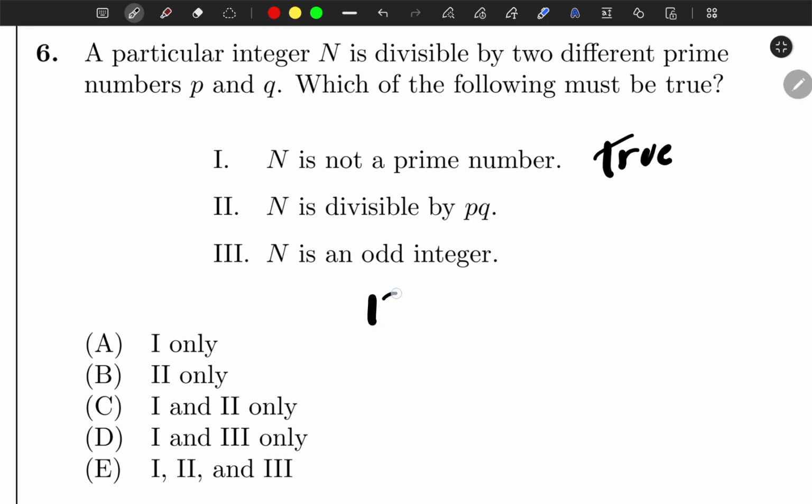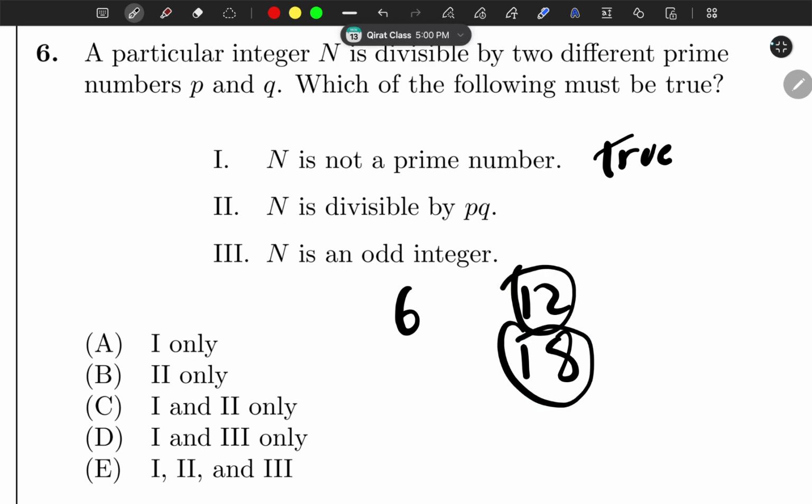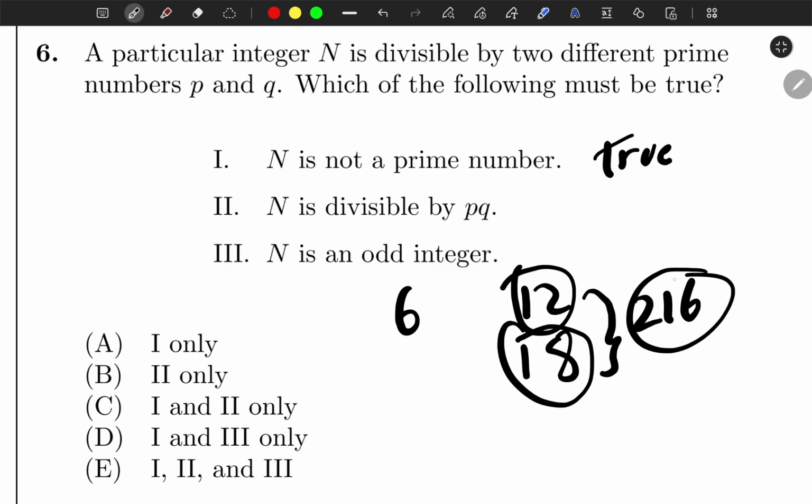If we have 6, and if we have, let's say, 18. Now, if we were to multiply these two numbers, what would we get? We would get 216. And as we can see, 216 is also divisible by 6.